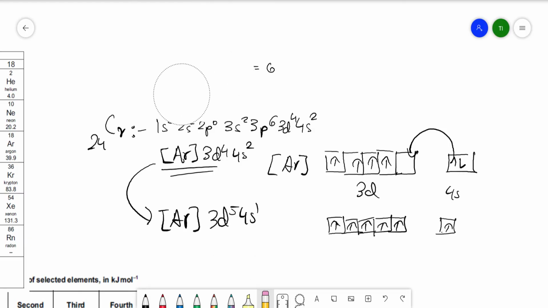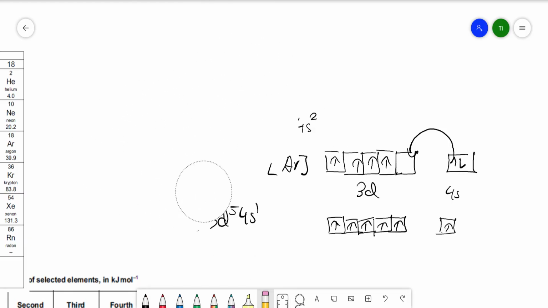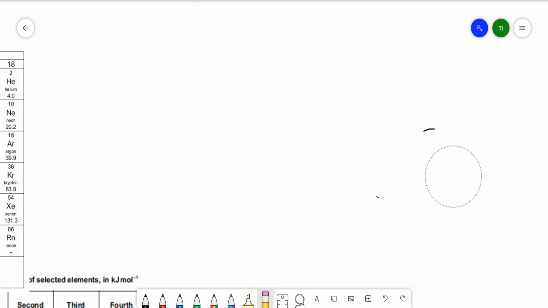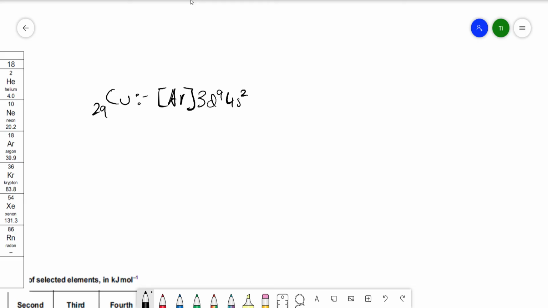The same case is similar with copper. If you check the atomic number of copper, it's 29, right? The electronic configuration of copper, if you're just following the basic principles, would be 3d9 4s2.